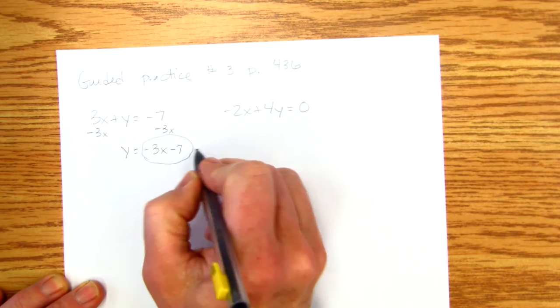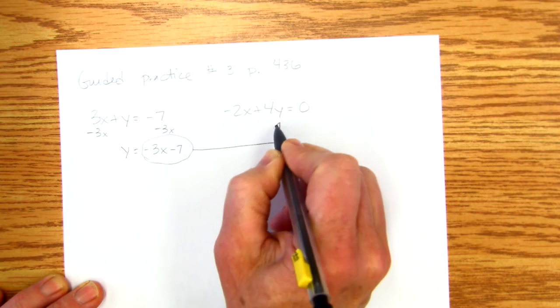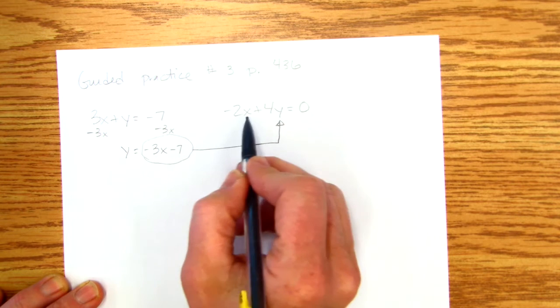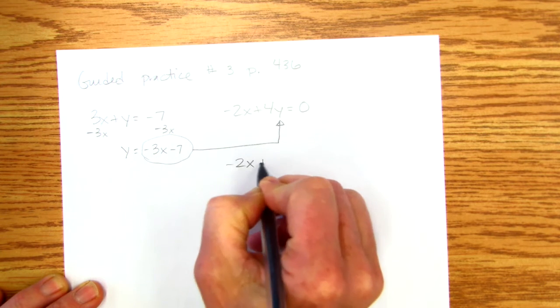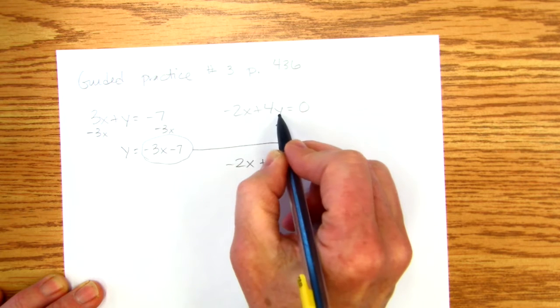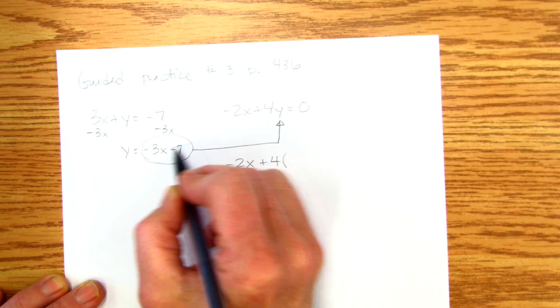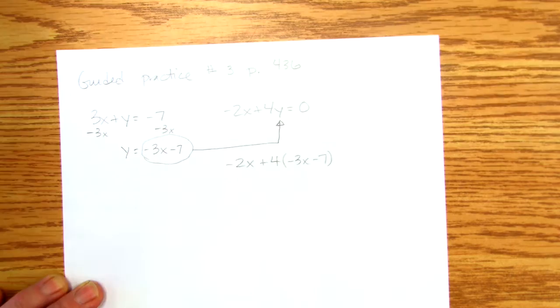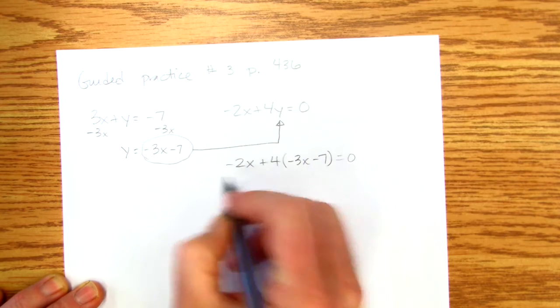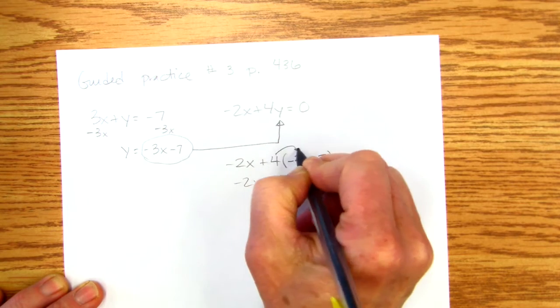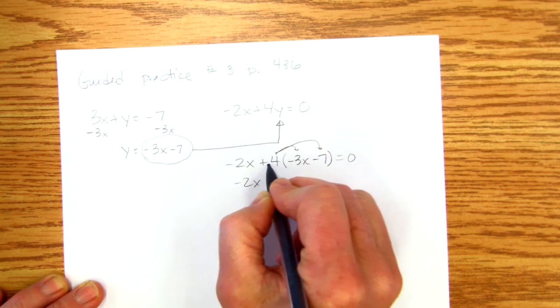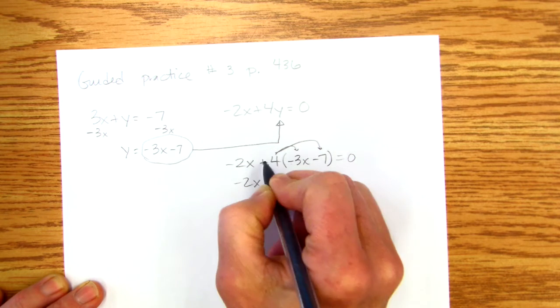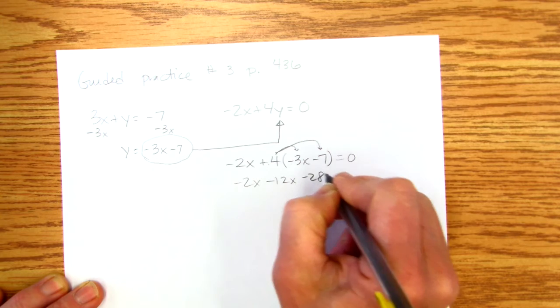So now I have this expression for y, so I'm going to plug it in where y goes, and then I have to carefully copy everything else. Negative 2x plus 4, but now instead of y, I am going to write negative 3x minus 7, and then carefully distribute. A positive times a negative is a negative. A positive times a negative is a negative.